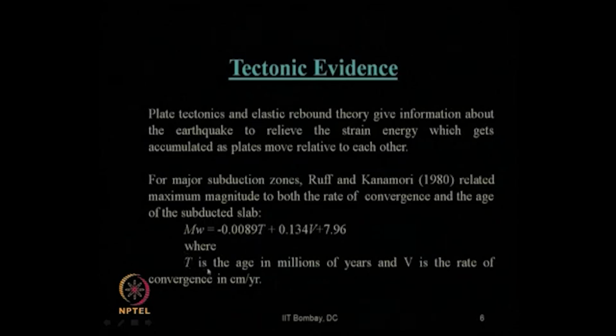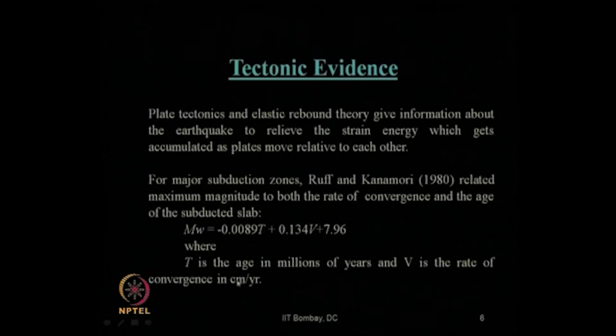Here T is the age in millions of years, the age of that tectonic slab, and V is the rate of convergence through which two plates are converging with respect to each other, expressed in centimeter per year.